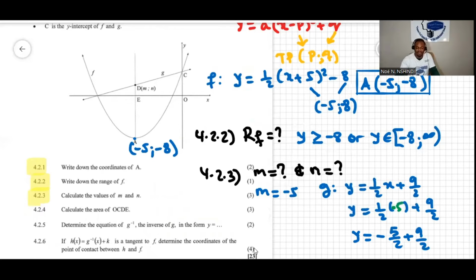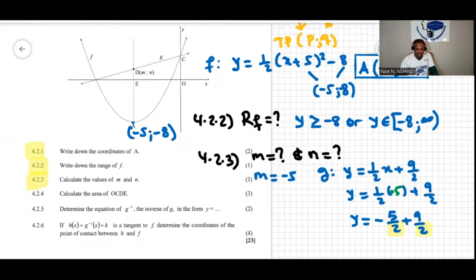Now that the denominators are common, we can just add the numerators: -5 plus 9 is 4, and 4/2 is 2. So I substituted -5 for x. This is n, the y coordinate. So n equals 2. m is -5 and n is 2.